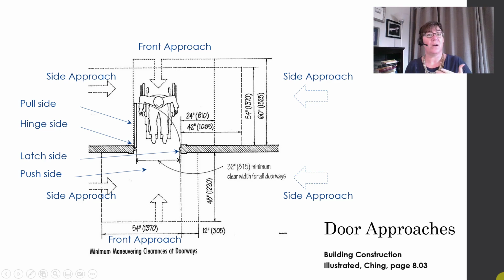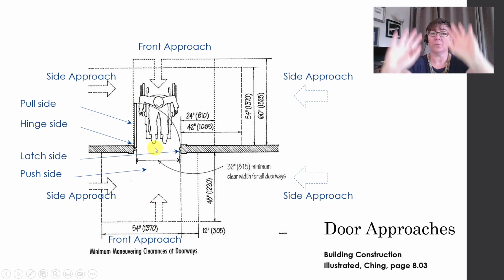In general, there are, I think, 6 different ways that someone can approach a door. Notice right here we have our door, and it's swinging towards this direction. So you can see that this is the pull side of a door, and this would be the push side. If someone is coming through the door in this direction, they would push.